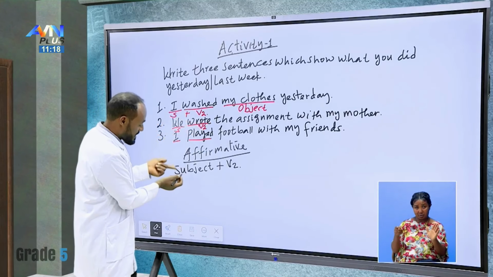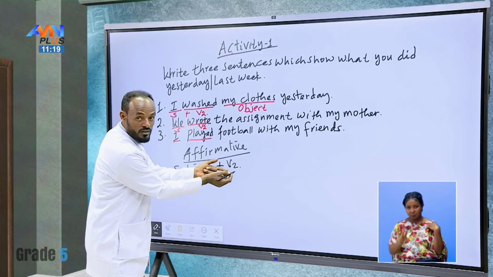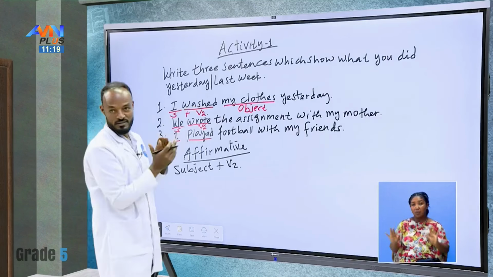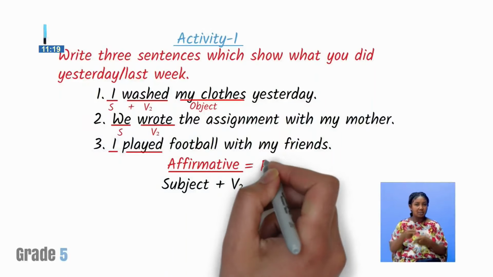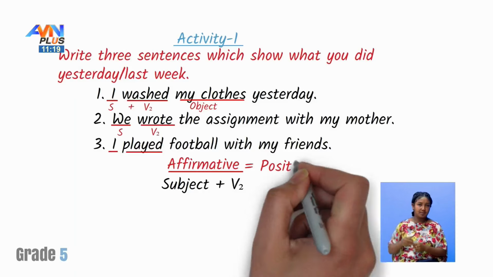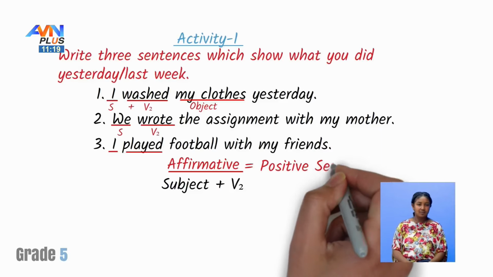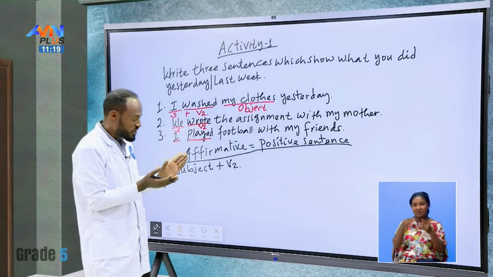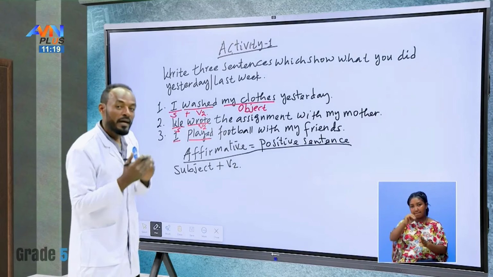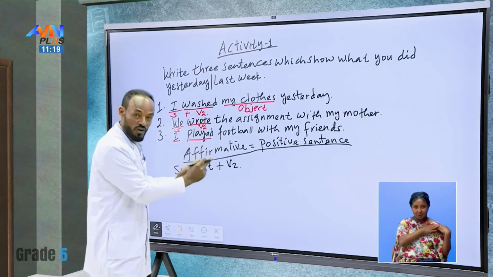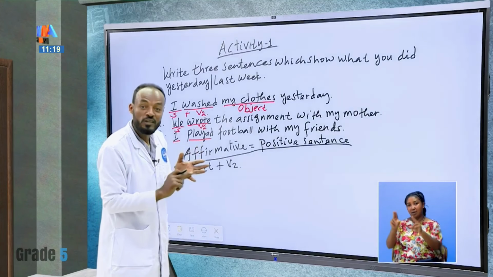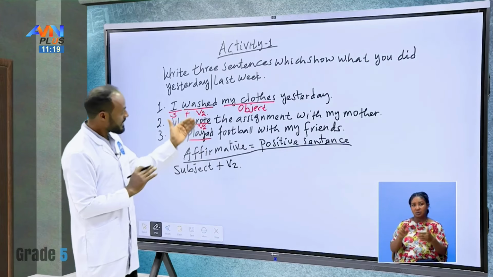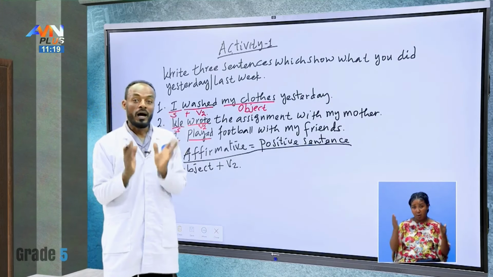Clear? Good. Here is a subject. Here is a verb 2. So this one is the affirmative form of simple past, because this one can be called a positive sentence. Bear it in your mind. Positive sentence means affirmative sentence, which goes from subject to the verb without adding not, and without changing it into a question. This is a normal sentence. So these ones are the affirmative form. I hope I'm clear, okay?